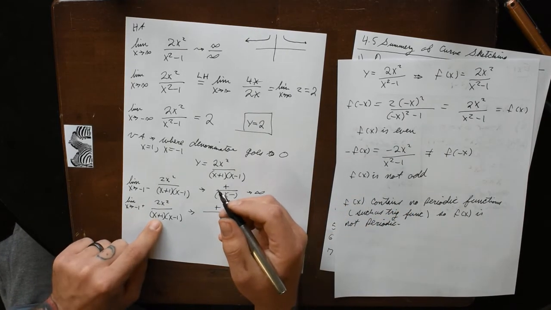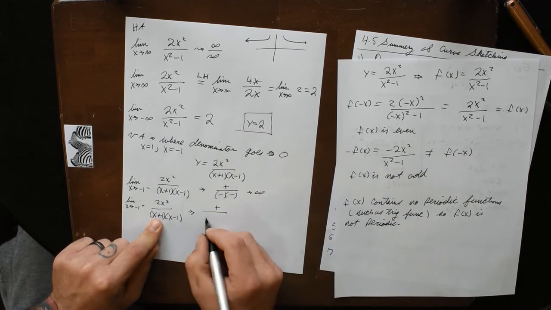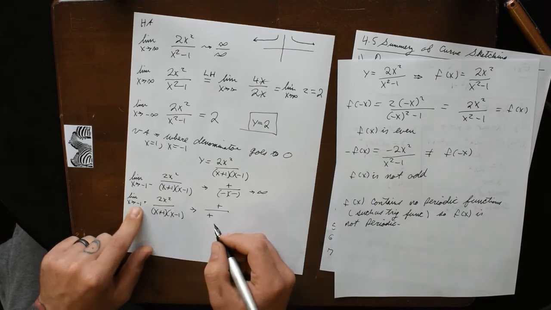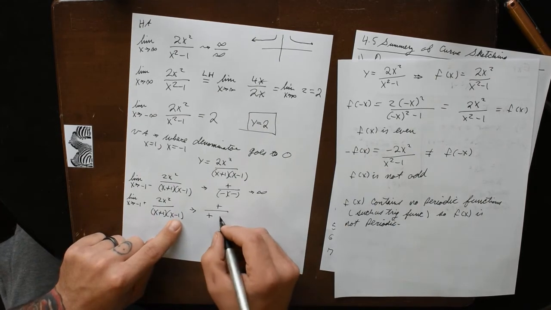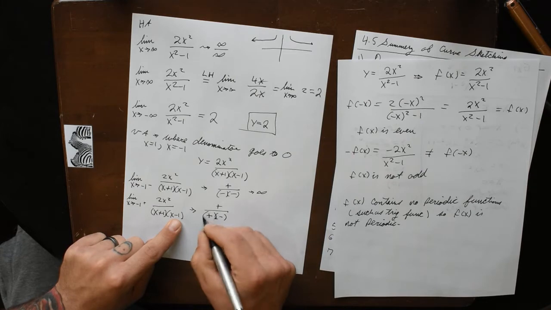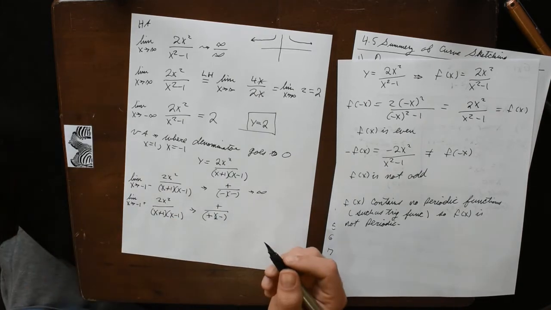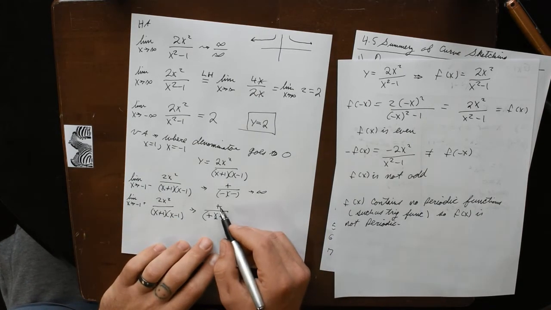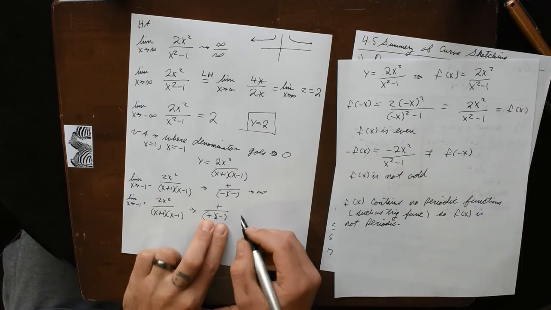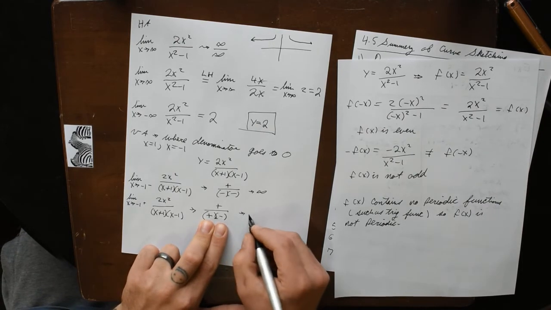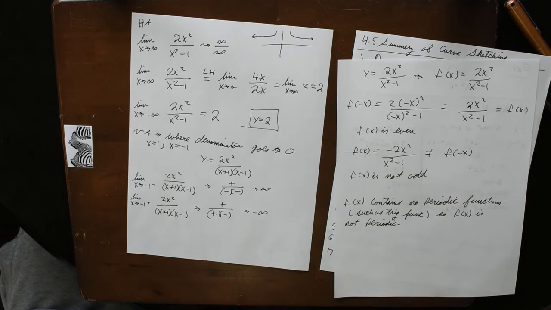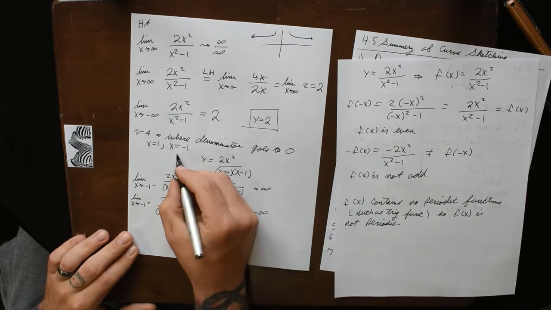So x plus 1 is always going to be a positive number. Now x minus 1 is going to be a negative number. So we've got to figure out if we're going to positive or negative infinity. Positive divided by the product of positive and negative is negative, and we'll go to negative infinity. That takes care of negative 1.